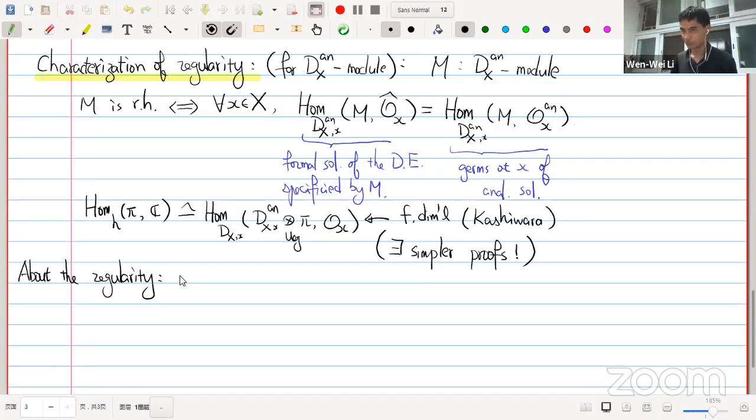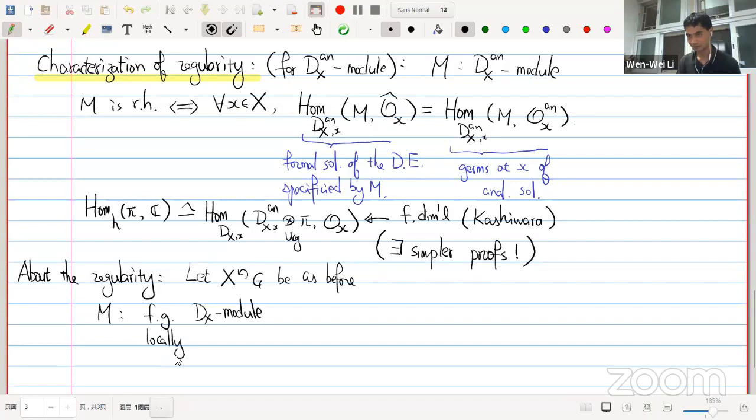The key observation is that if you have a variety X with G action, as before, and you have N that is a finitely generated DX module that is locally GG finite. This means every element is contained in a finite dimensional GG stable subspace.